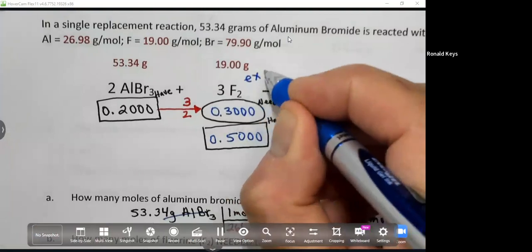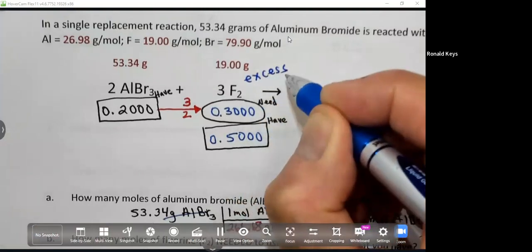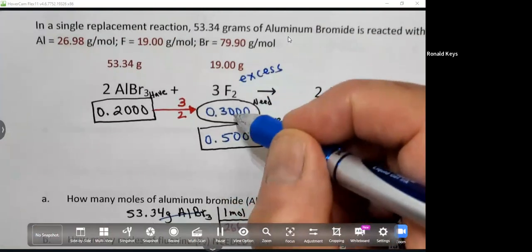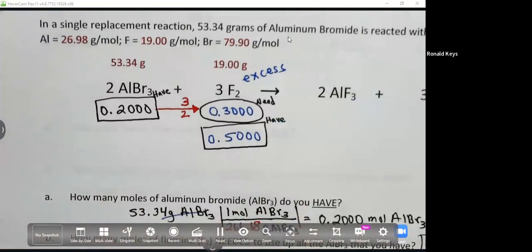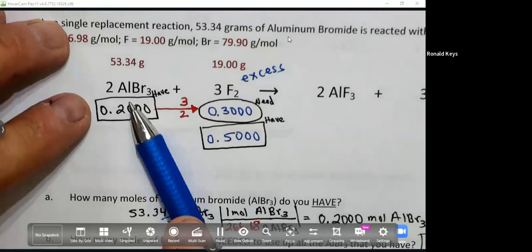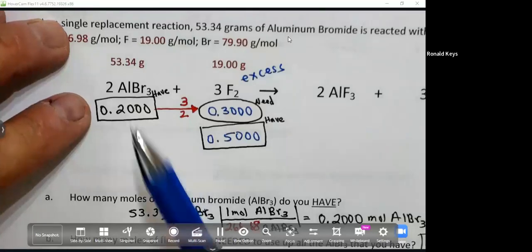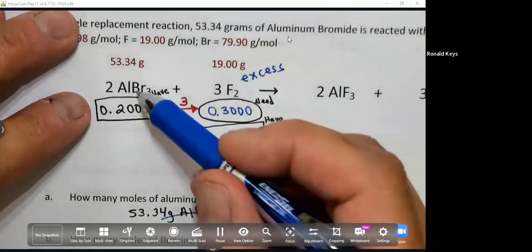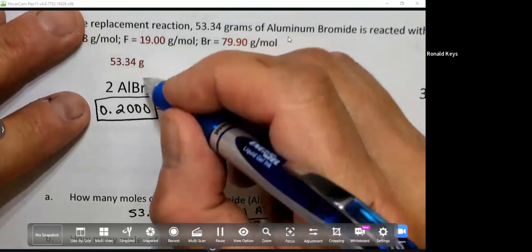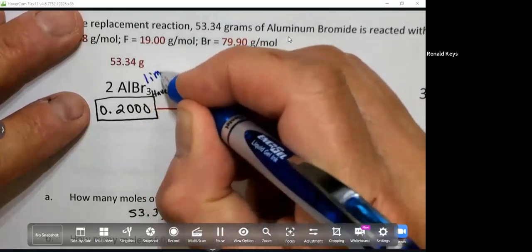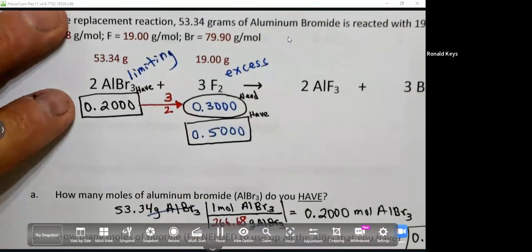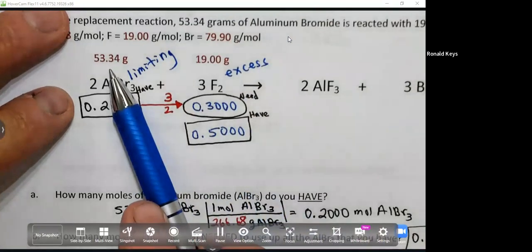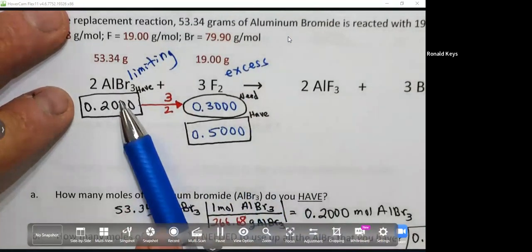This is going to be in excess. It's not always this one that's in excess. This is just how they're coming out. This one can be limiting. I could have put the fluorine here first, right? In this reaction. So please don't think that the first one's always limiting and the second one's in excess. We know that this is limiting. This reaction is going to stop when the 53.34 grams of aluminum bromide is used up.